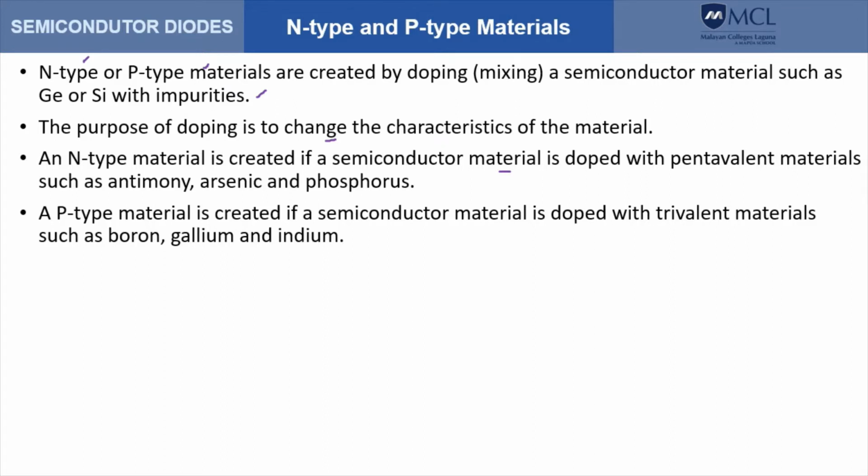A pentavalent material is a material that has 5 valence electrons, so these are the electrons outside the orbit of the atom of that material. Examples of these materials are antimony, arsenic, and phosphorus. On the other hand, a P-type material is created if it is doped by a trivalent material, a material having 3 valence electrons, such as boron, gallium, and indium.